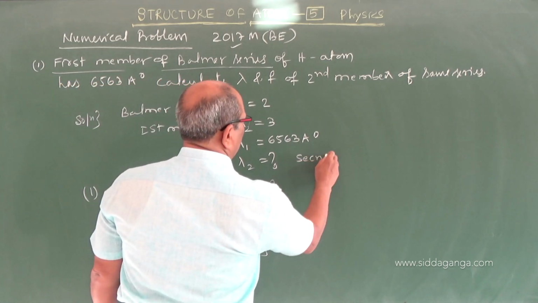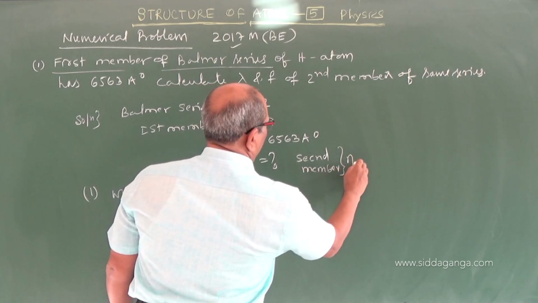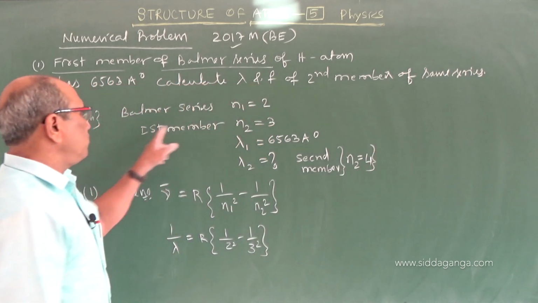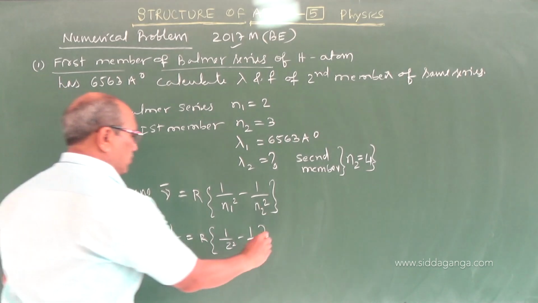For the second member, n2 must be 4, because the first member is 3, the second member must be 4. But I am substituting for the first member.